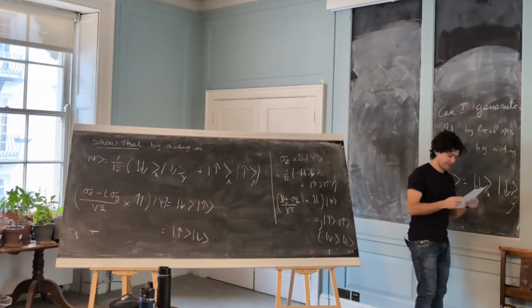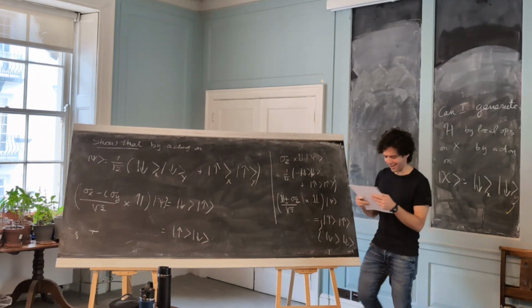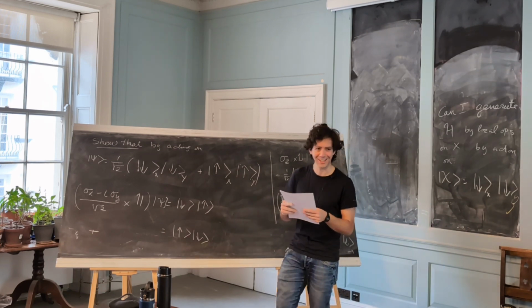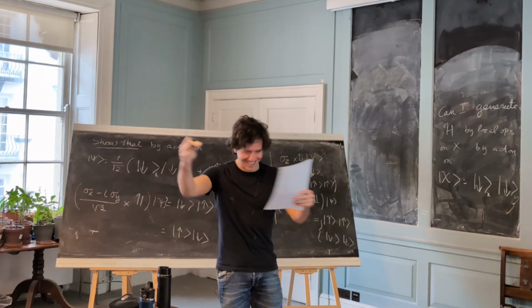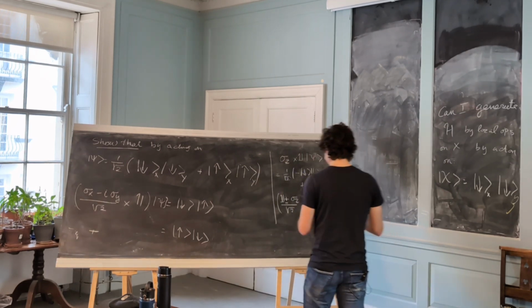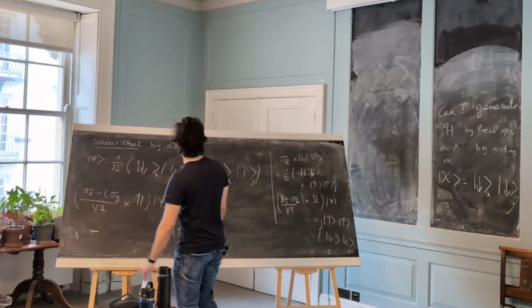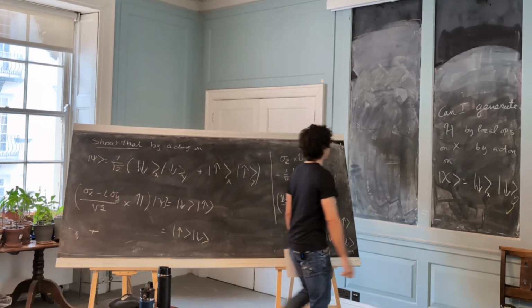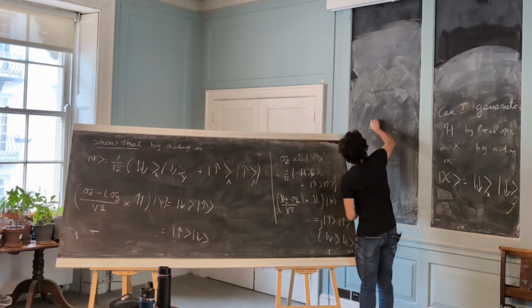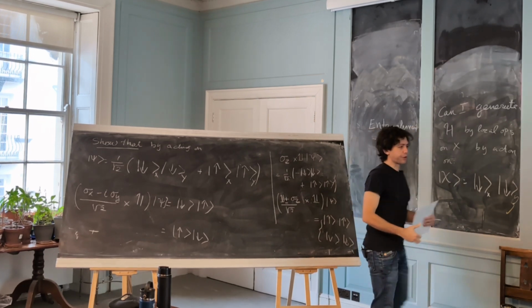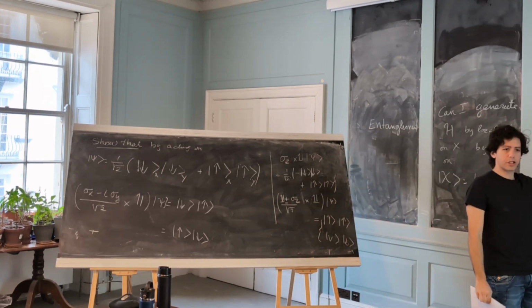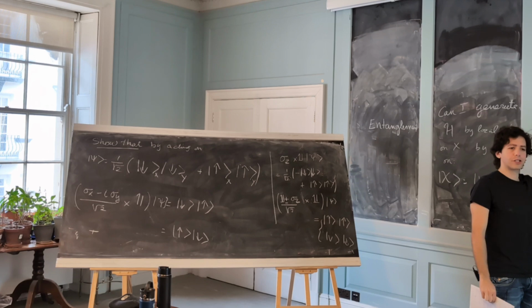The first one's entangled. The difference between these two states is entanglement, and it's the crucial thing that allows the Reeh-Schlieder theorem to apply in the Minkowski vacuum.